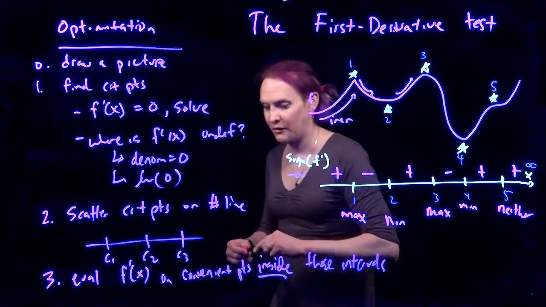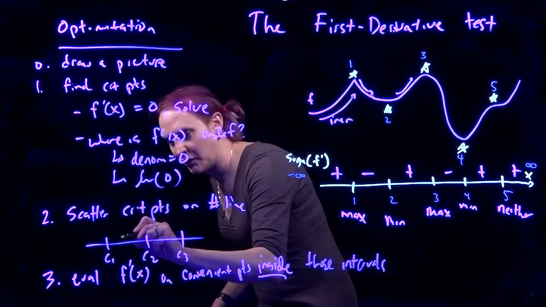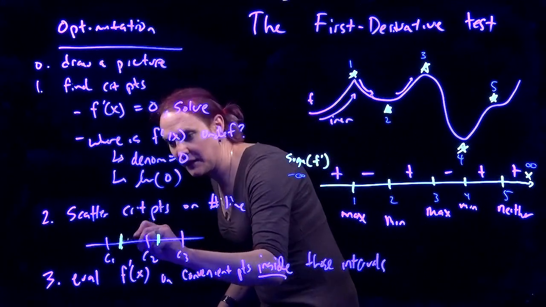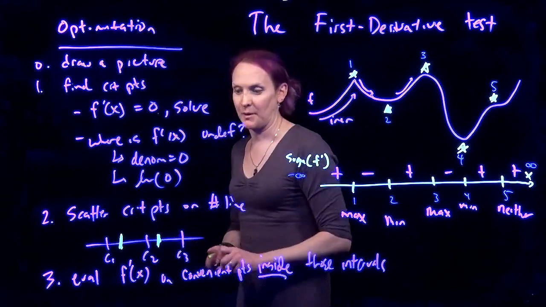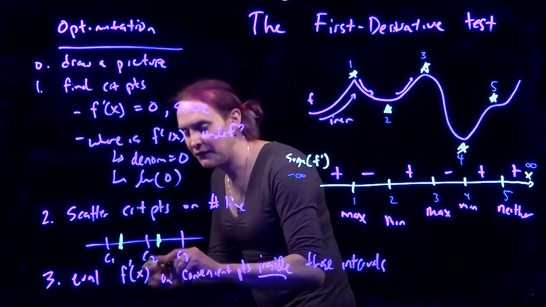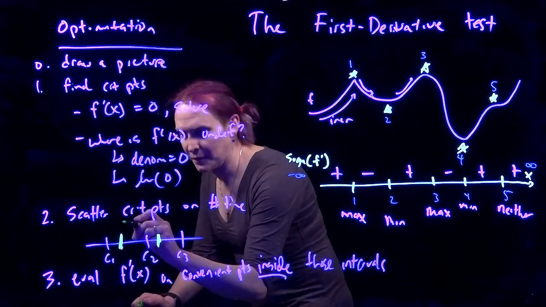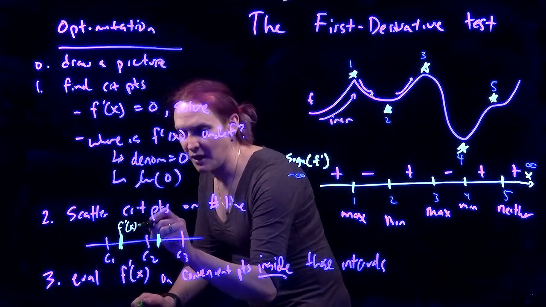Okay, so I'm going to choose whatever nice, convenient values, and I'm going to plug in this convenient value right here, and I'm going to find what f prime of x is equal to.